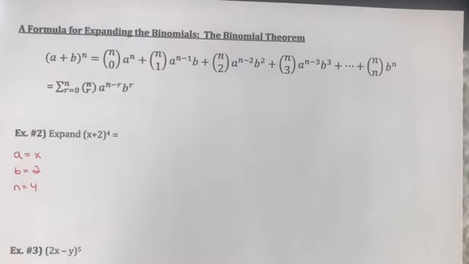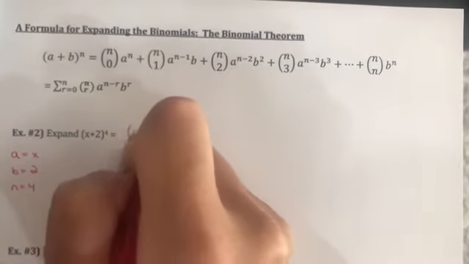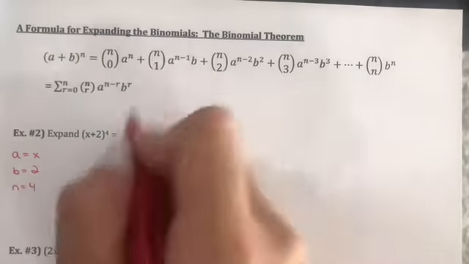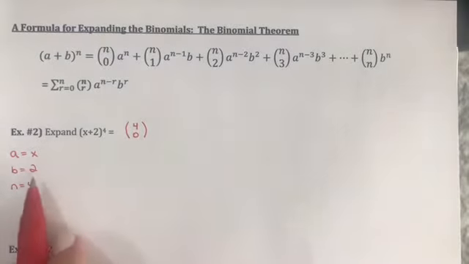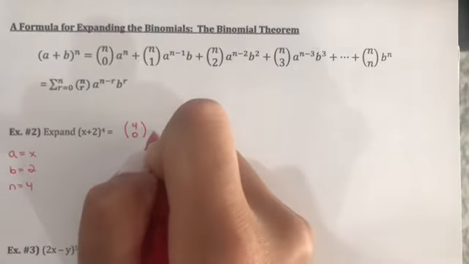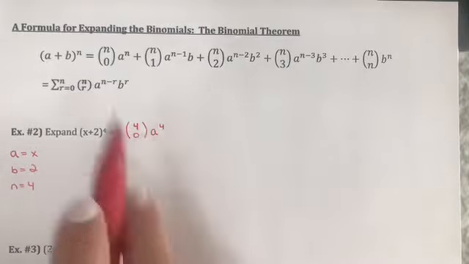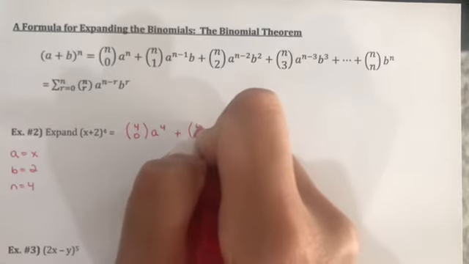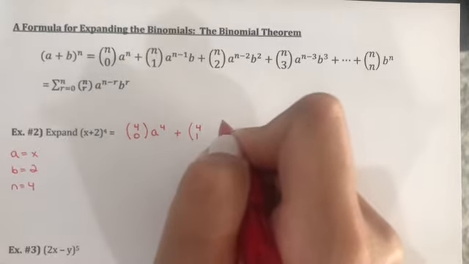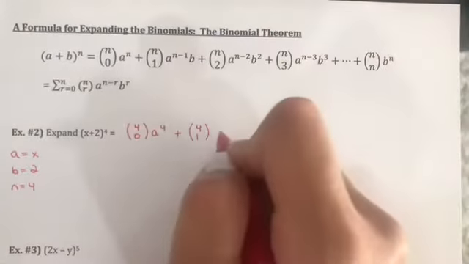Okay. So if we're writing out the expansion here, we're going to start with parentheses 4 over 0, because it's n over 0. And then we've got a to the n power, so it's a to the 4th. Okay, so that's my first term. I just matched it up over here. Next, I've got n over 1, and then it's going to be a to the n minus 1 power.